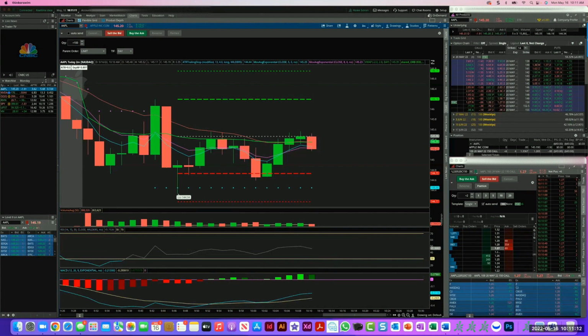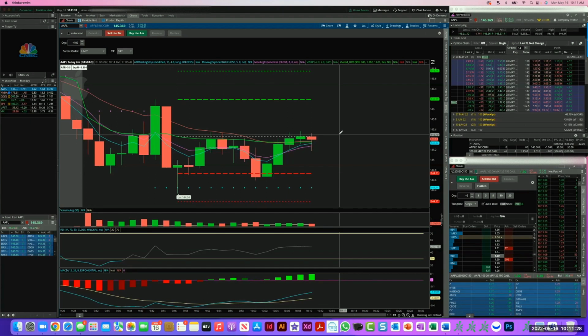I'm looking at a level of resistance about 147.50, 148. Like to be able to make that move by 10:30, 10:45 to take advantage of the volatility in the morning and the IV and benefit from this trade going. And if this goes sideways into the afternoon, it doesn't really help me.